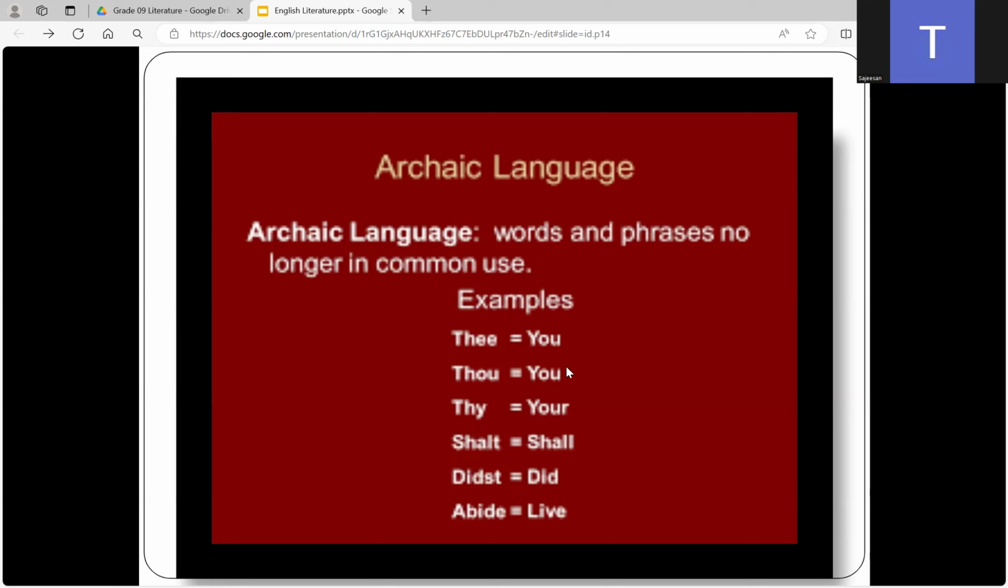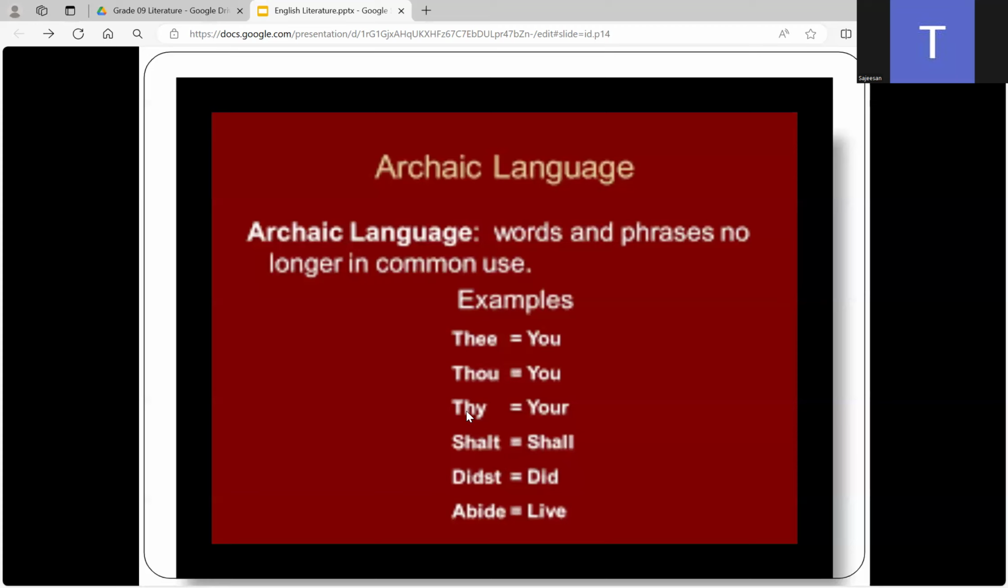Thee means you. This is the objective you. Thou, the subjective you. If you want to say I love you, you can say I love thee. Thee means you. Thou love me. Thou means here you in the subjective position.